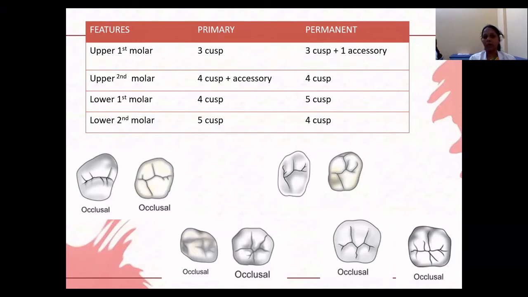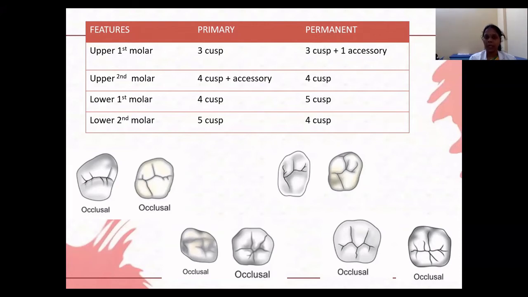In the lower second molar also, 5 cusps will be present in the primary tooth, but for the permanent first molar, only 4 cusps are usually present. And the lower second deciduous molar resembles the permanent first molar. So whatever cusps you are seeing in the first permanent molar, the same cusps will be present in the lower second primary molar.